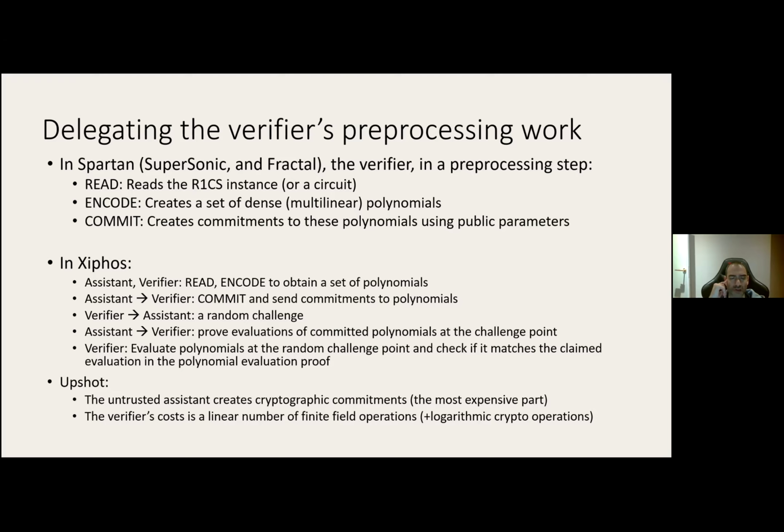So sorry, could you remind me, what is the verifier pre-processing cost in Supersonic? I think it requires a linear number of cryptographic operations to create commitments to the polynomials. Oh, and you're saying here it's a linear number of field operations. Yes. Okay, cool. Because the assistant actually creates those commitments, and then the verifier's job is just to verify polynomial evaluation proofs and evaluate the polynomial at one point.